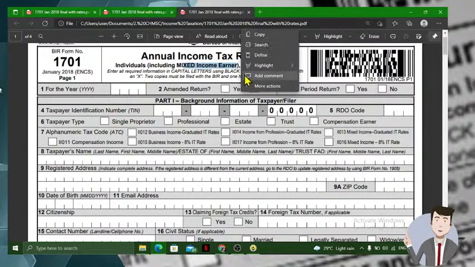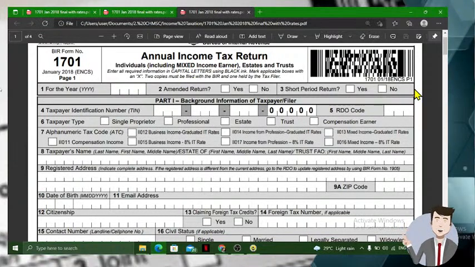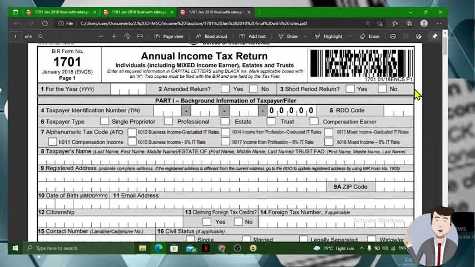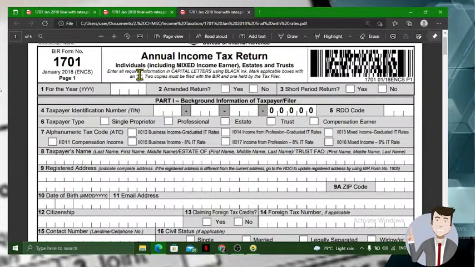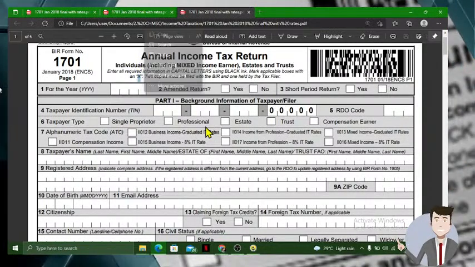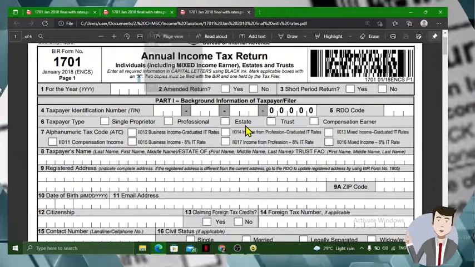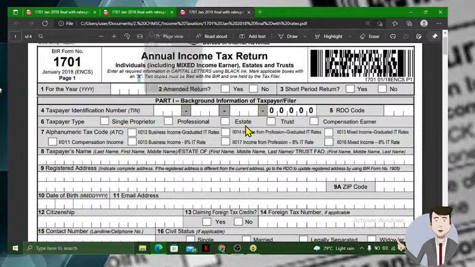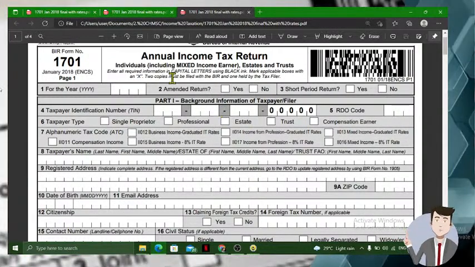So it is the same return that we're going to use even though the taxpayer is earning business income plus compensation income. For the X marks, guys, if you're using the eBIR form, it is automatic. Once you have selected the option, the X mark will automatically be indicated on the box of your choice, if there are options that the return requires.